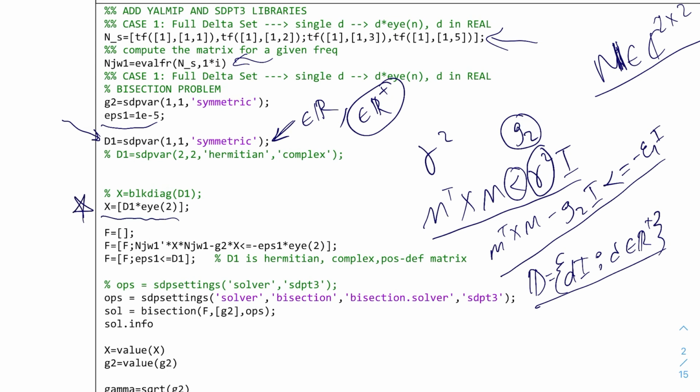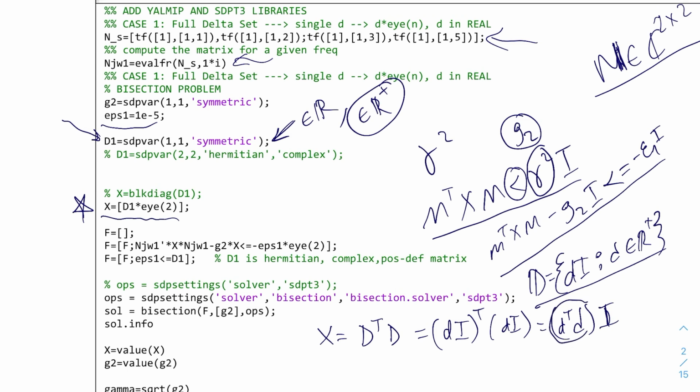Just look at this, and I'm going to show you something. What was X? X is D transpose D, right? And what's the structure of D? D times identity, right? Transpose, and D times identity. So D transpose D times identity, right? Let's call it D hat or something.